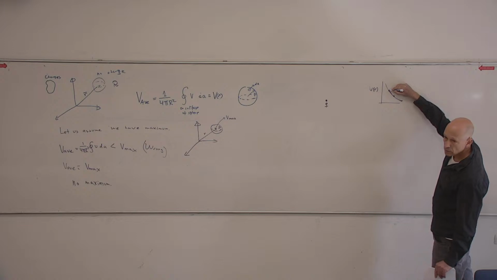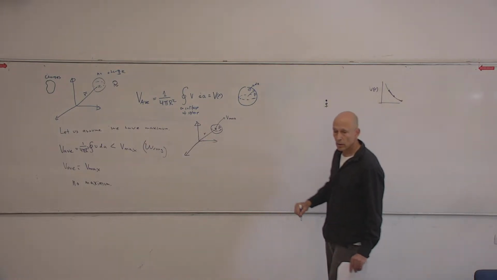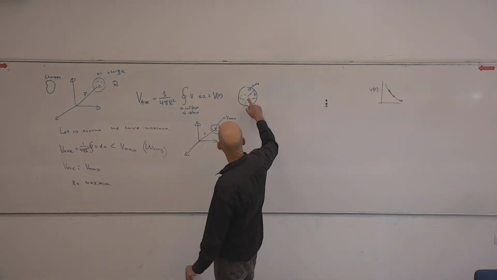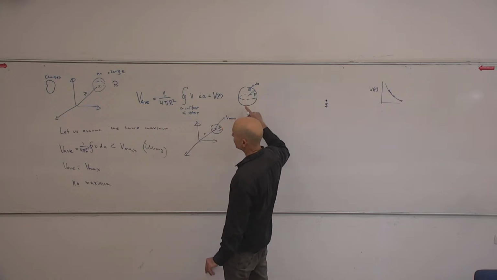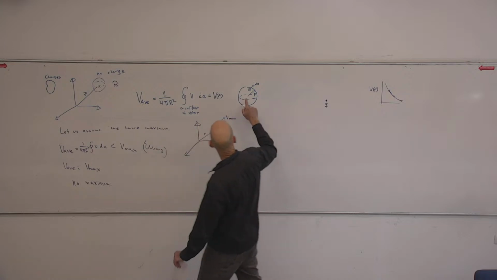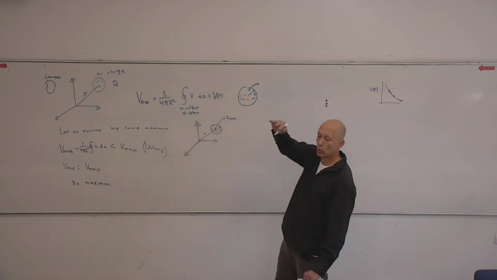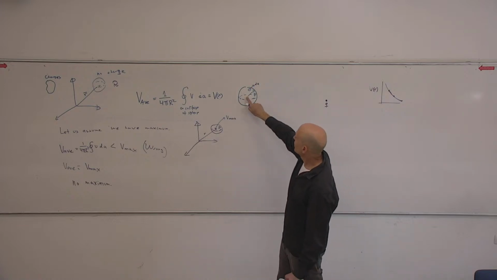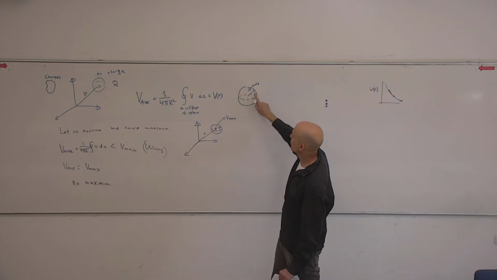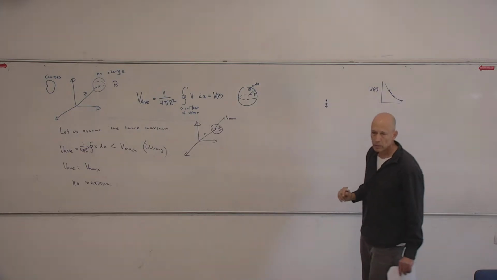I took the point inside and then I do this R. If this is the maximum of the whole potential all over, this is the top of the hill everywhere, then these are smaller, yeah? This is what I'm claiming.